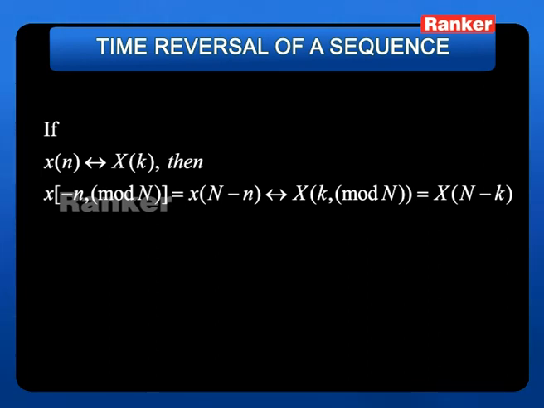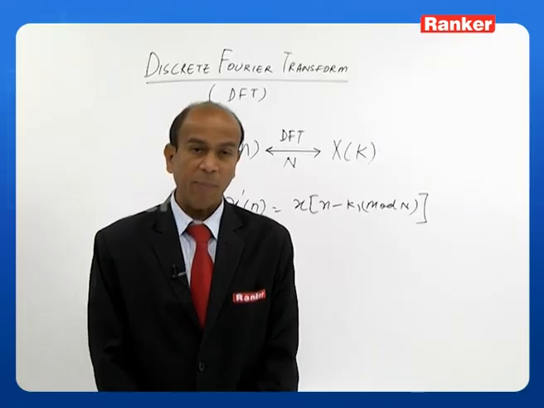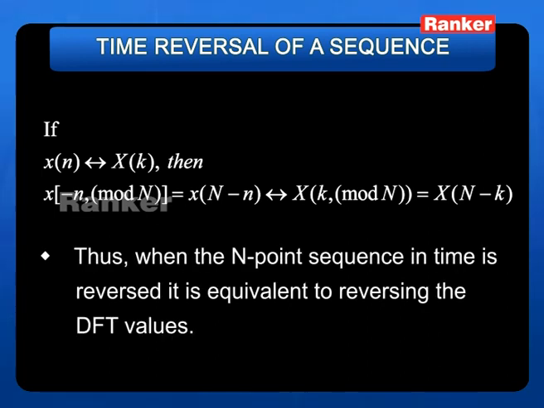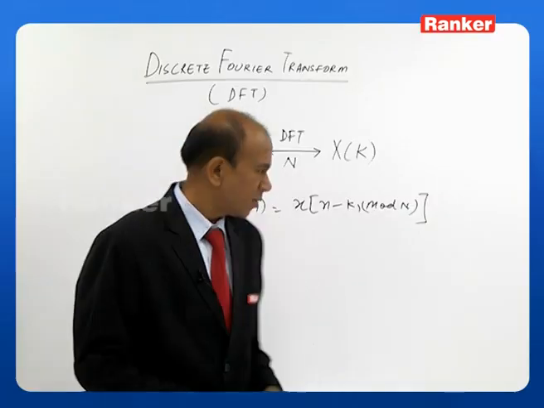If x of n is having a DFT of x of k, then x of minus n mod N is equal to x of capital N minus n, which is having a DFT of x of minus k mod N, that is x of N minus k. So what does this property say? This property says that when an N-point sequence in time is reversed, it is equivalent to reversing the DFT values also. Okay, so let us just see this on the board.